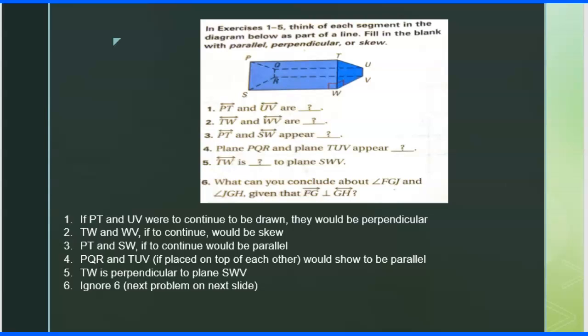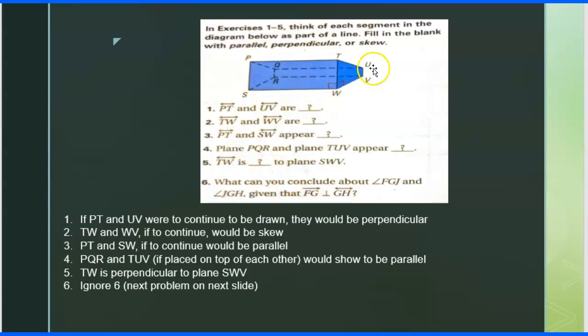So the first one we want to look at is PT and UV. So here's PT. Here's UV. Now if we kept PT going, it would shoot out like this, and if we kept UV going, it would shoot straight up like this. So if you did draw those out, you would see that they would be perpendicular.